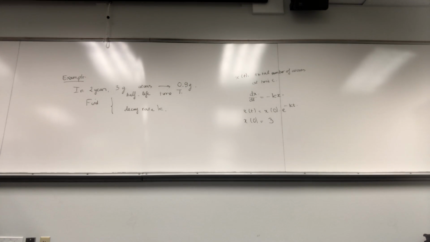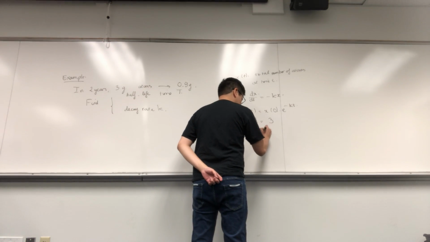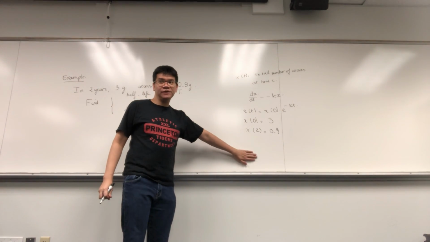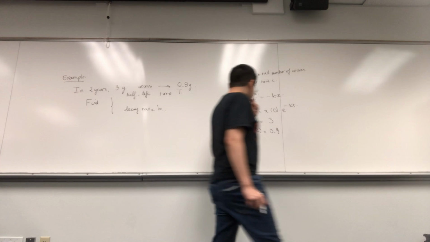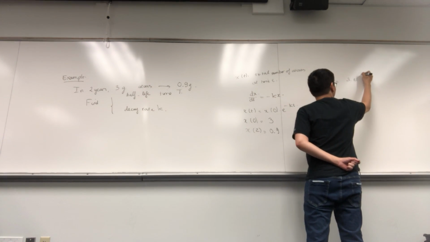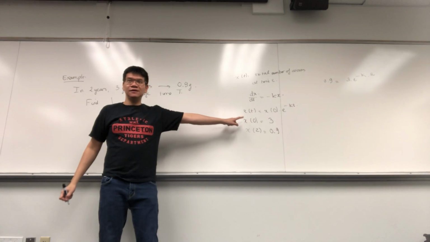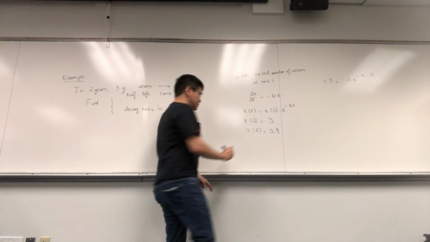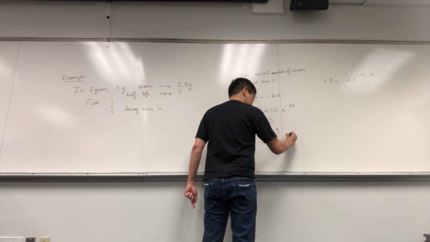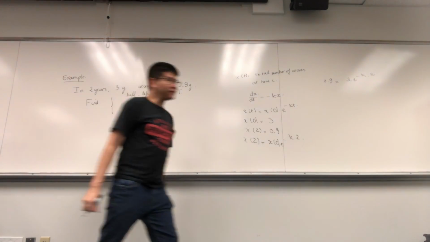So you know that initially you have 3 grams, and after 2 years, you're gonna have 0.9. You're gonna put this into the formula. So what you have is 0.9 is 3 times e to the power minus k times 2. So you replace t to be 2. So I can find k.